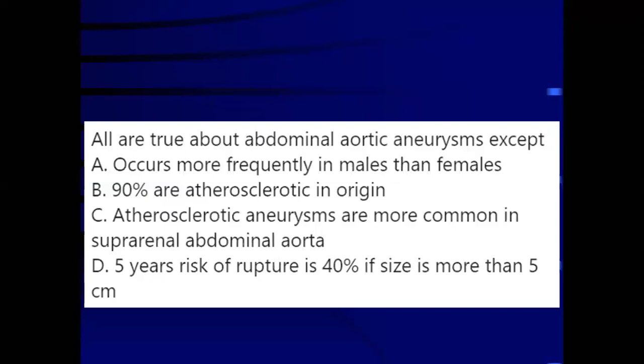All are true about abdominal aortic aneurysm except: they occur more frequently in males than females; 90% are atherosclerotic in origin; atherosclerotic aneurysms are more common in the suprarenal abdominal aorta; and the 5-year risk of rupture is 40% if the size is more than 5 centimeters.